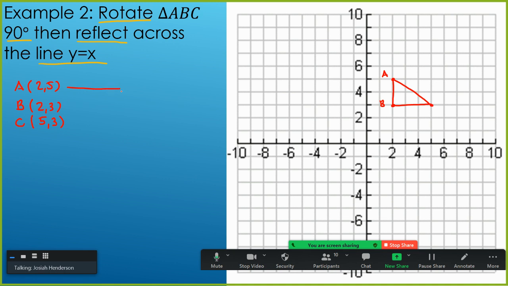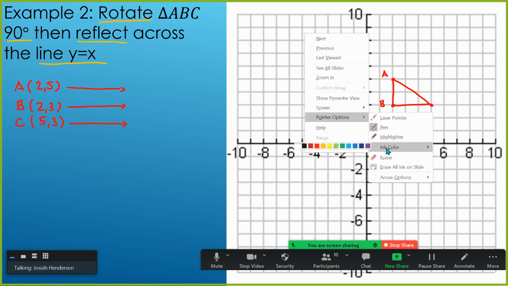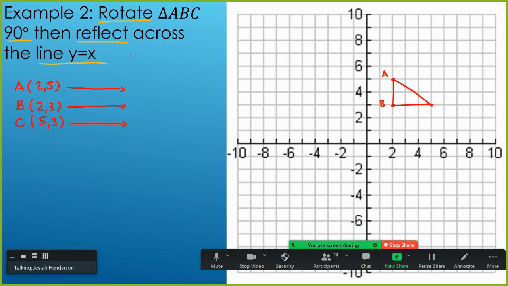Okay, so now let's start by doing our rotation of 90 degrees. I'm going to change my color to purple for this first transformation. So we're using the rotate 90 degree rule. So look at your notes. To rotate 2, 5, point A 90 degrees, we should be doing negative y, x. So that means our original is 2, 5.